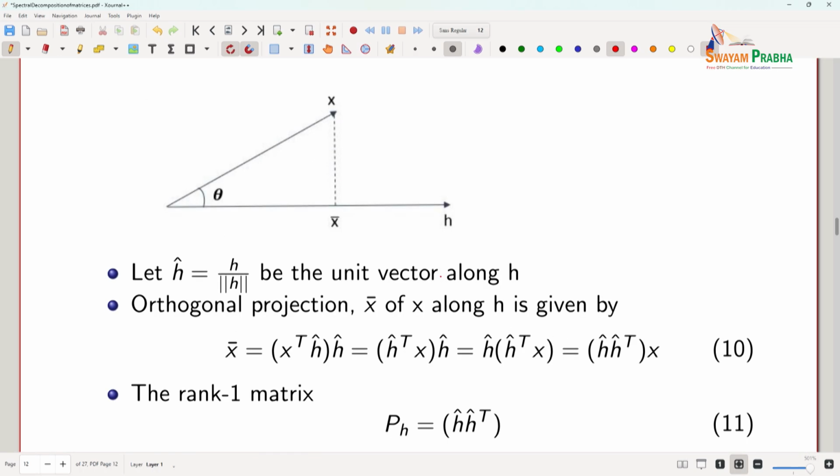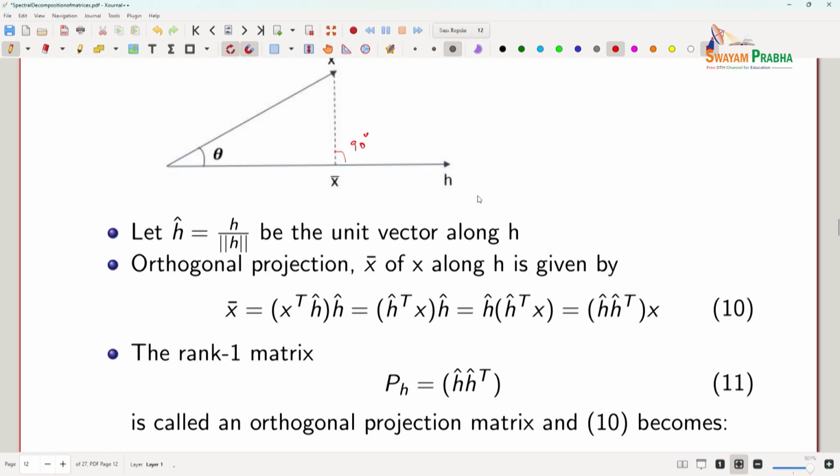Now, a little digression. Let H be a vector, let X be another vector, and X bar be the orthogonal projection of X along H. The unit vector along H is H over the norm of H, call it H bar. The orthogonal projection X bar of X along H is given by the inner product X transpose H bar, which is a constant, times H bar.